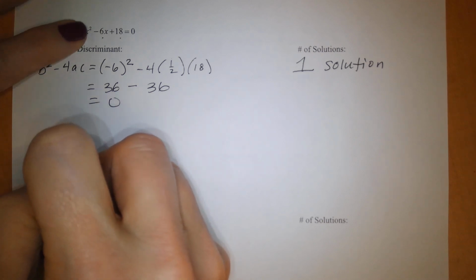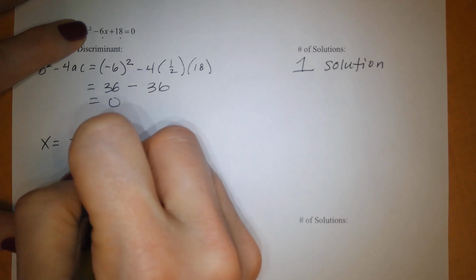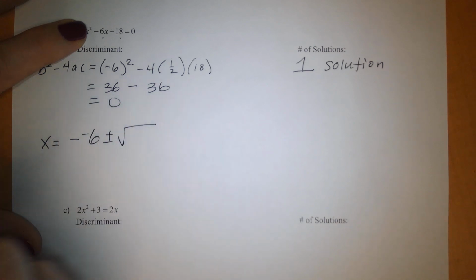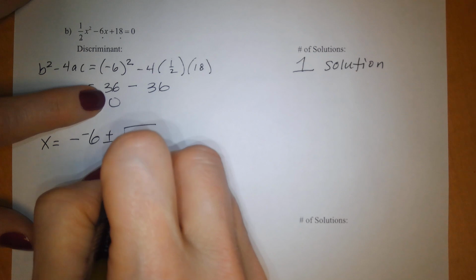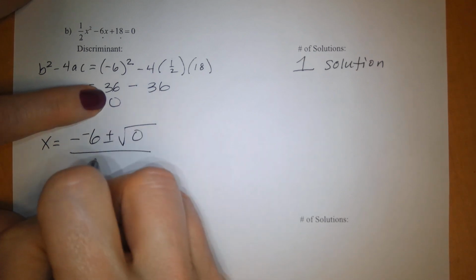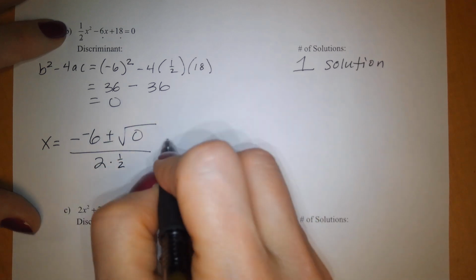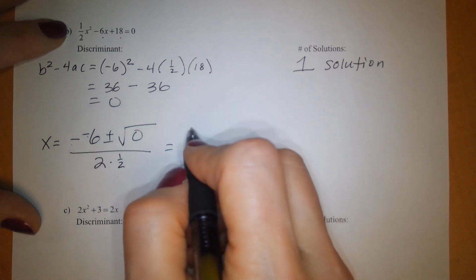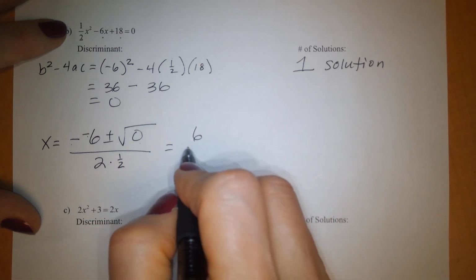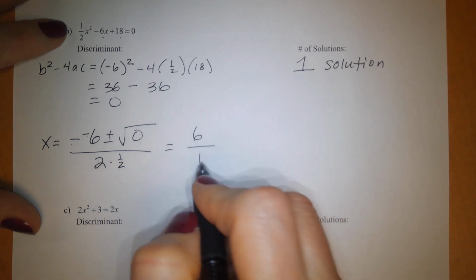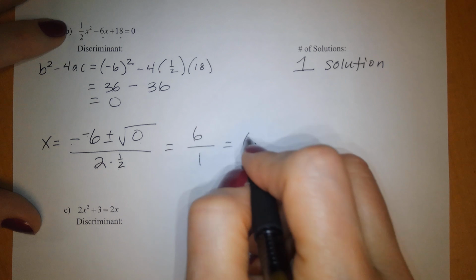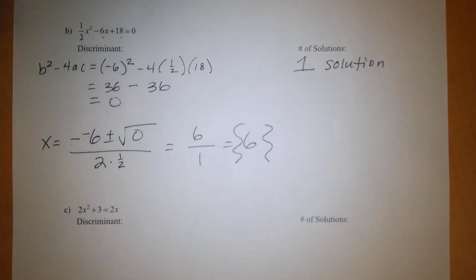Negative b would be negative of negative 6, plus or minus the square root of the discriminant, which is 0, all over 2 times a. So this is negative negative, which is 6, plus 0, over 2 times 1/2, which is 1. So we have one solution, and the solution is 6.